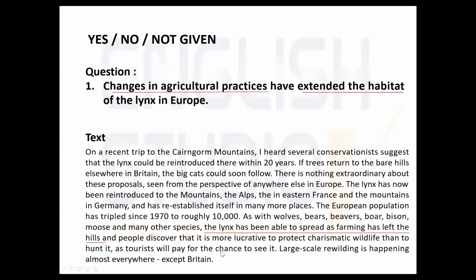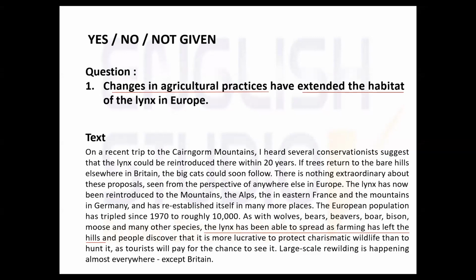Jadi kalau di sini cuma except Britain aja, kita nggak bisa mengesampingkan yang lain. Dan di sini juga udah jelas bahwa the lynx has been able to spread as farming has left the hills. Intinya adalah changes in agricultural practice have extended the habitat of the lynx. Yes or no? Yes. Oke? Okay? Oke, Miss. Thanks.